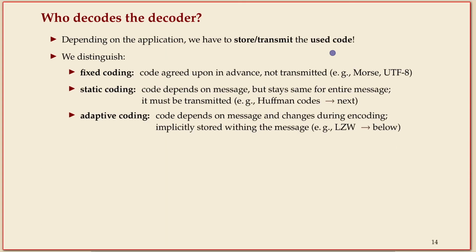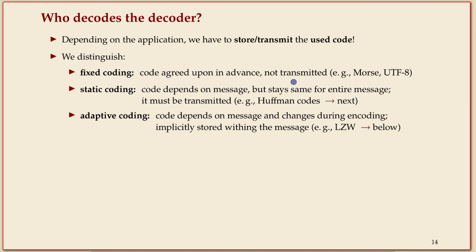And it turns out this is really a question of the application, whether the code is part of the coded text or not. If the code is fixed and known externally, that's what we use for text files and for Morse. If you send your SMS by beeping, then you assume people would recognize that this is 3 short, 3 long, 3 short.